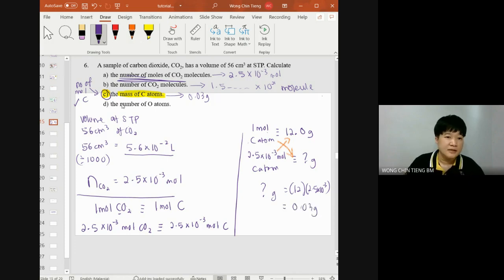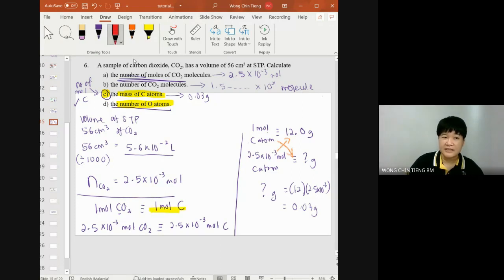Okay, sambung terus dengan soalan D sebab saya dah ada number of mole dia. Soalan D beza dengan soalan C adalah dia minta atom, oxygen atom. Tadi dia minta carbon, so sama je.